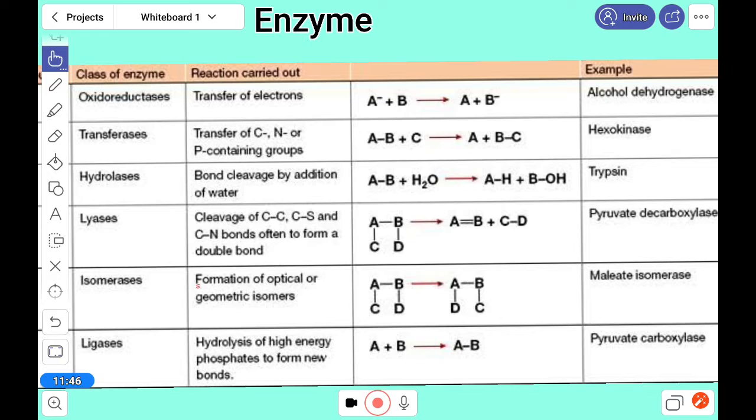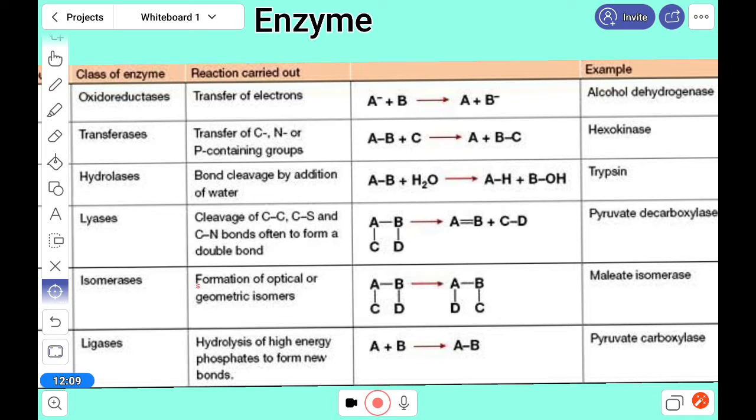Next part is classification and nomenclature of enzymes. Enzymes are classified and grouped into a few groups. You can see oxidoreductase, transferase, hydrolase, lyase, isomerase, ligase. It is given in your book also in brief form. So here I am discussing the basic things.